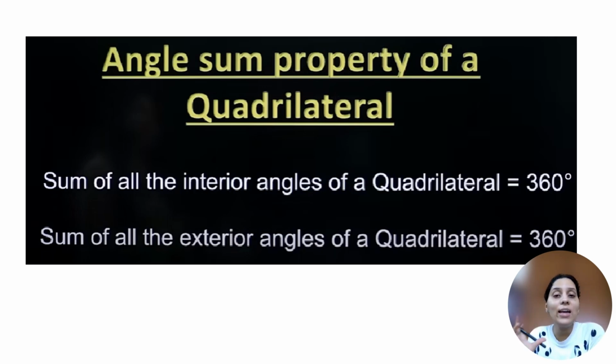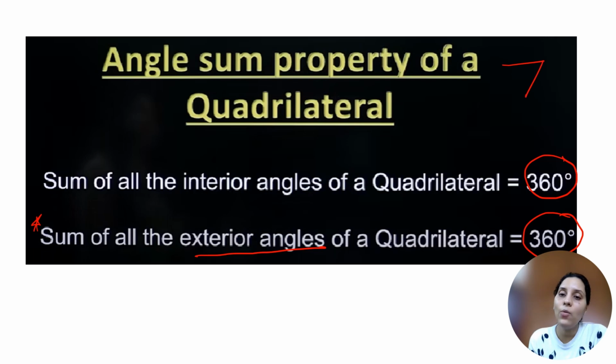Now firstly, the angle sum property of a quadrilateral. As we just learned, the sum of all exterior angles is always equal to 360 degrees. Not just for a quadrilateral, for any polygon you take, the sum of all exterior angles is always 360 degrees. And the sum of all interior angles of a quadrilateral is also 360 degrees. How? Let us find out using the polygon formula we just learned.